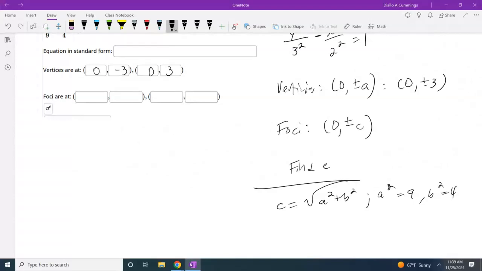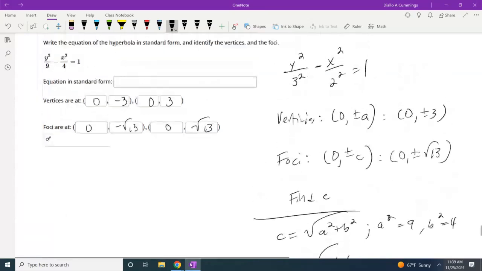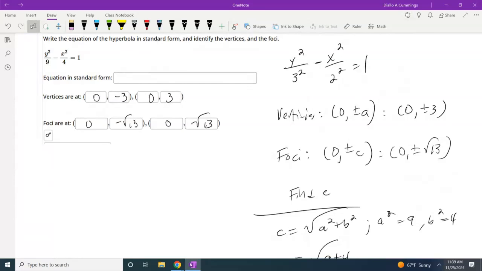B squared is 4. So C is equal to the square root of 13. So our foci are located at 0 comma plus or minus square root of 13. Okay. And we have the vertices and the foci.